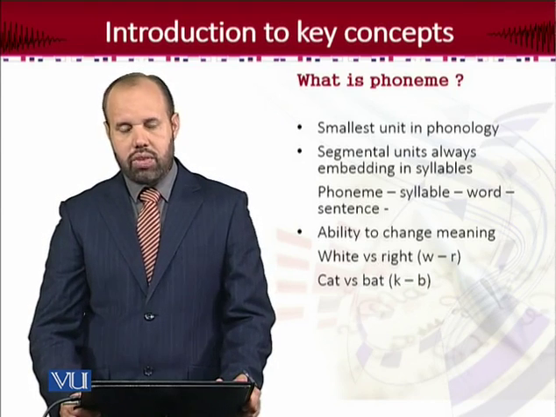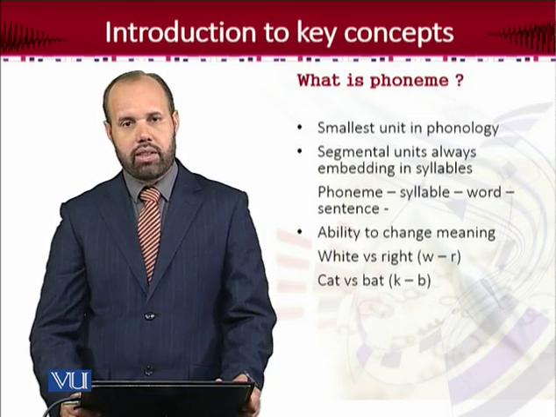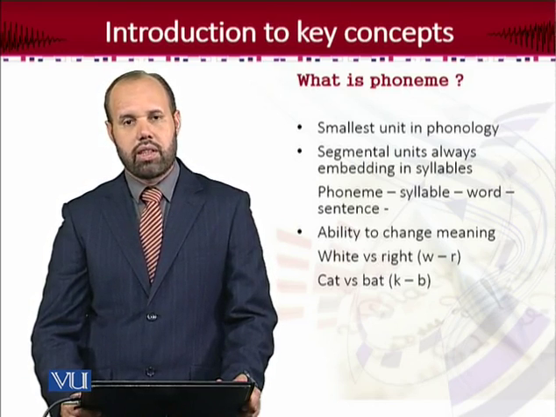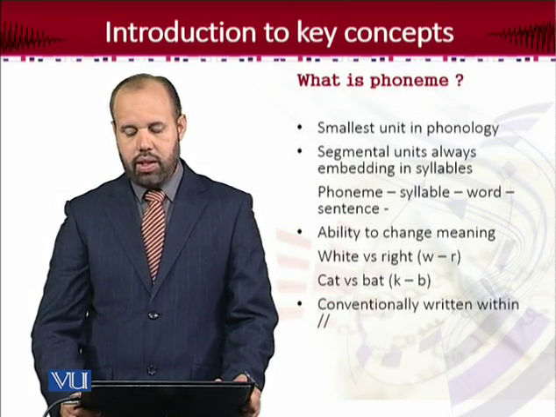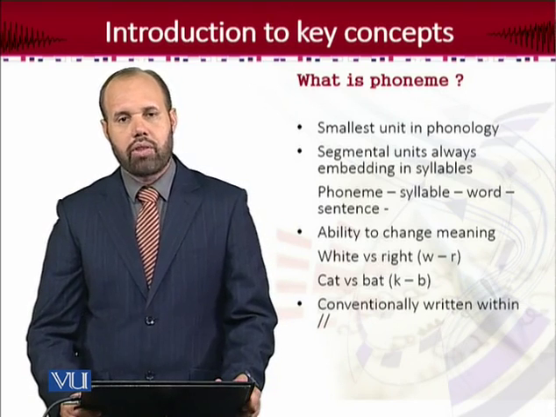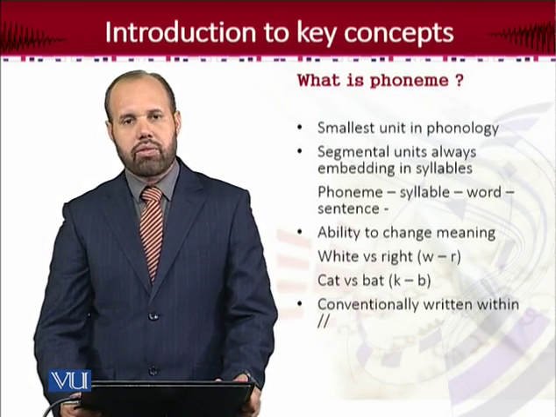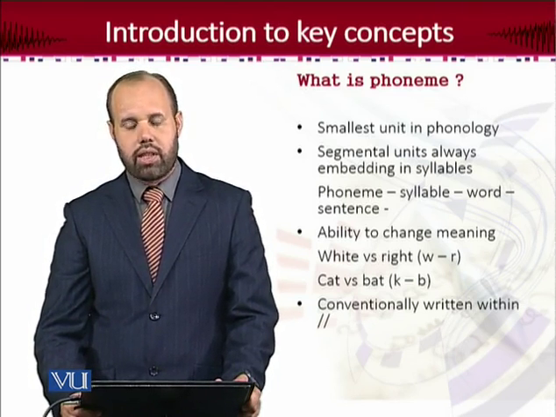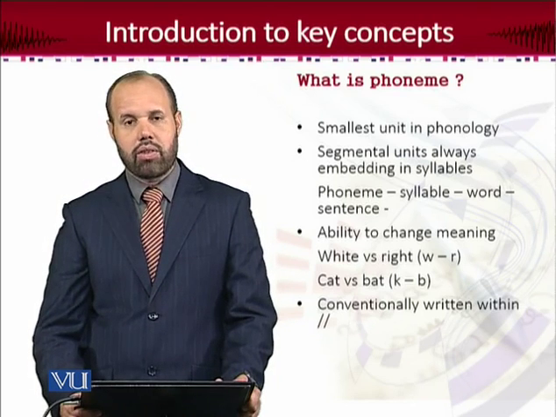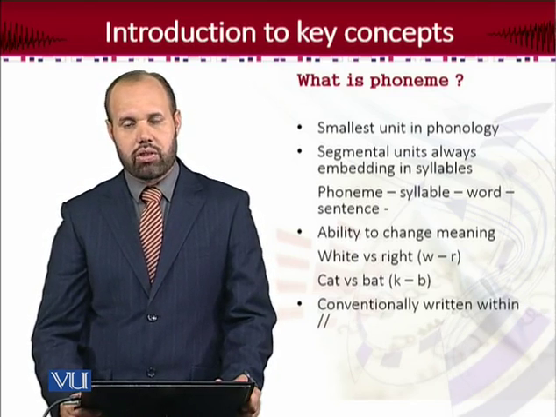Then cat versus bat. So k and b are different, and therefore the words are different. Phonemes have the ability to change meaning. And conventionally, when something is written phonemically, a phoneme is always written within slashes. Phonemes are written within phonetics and phonology with the help of these slashes, right?